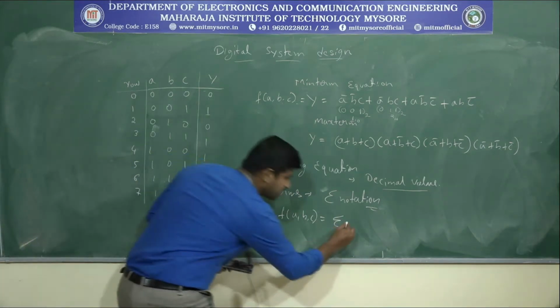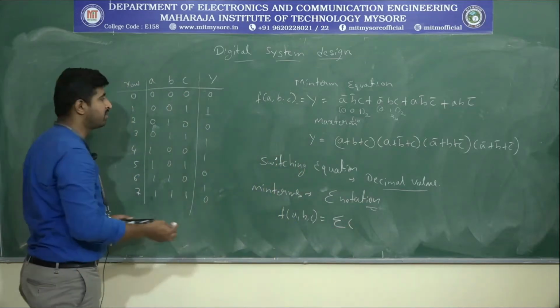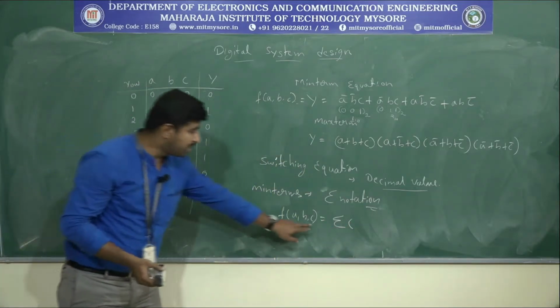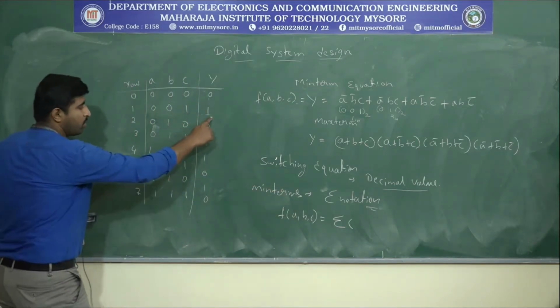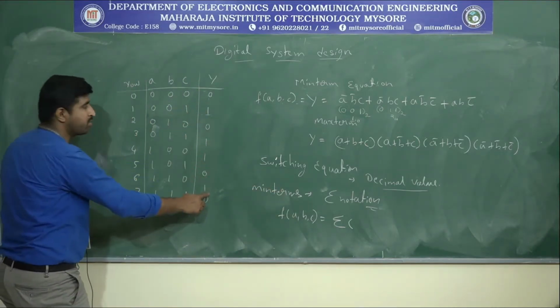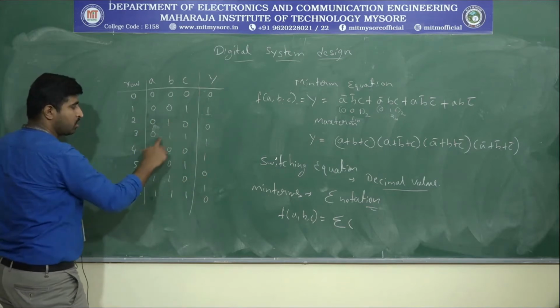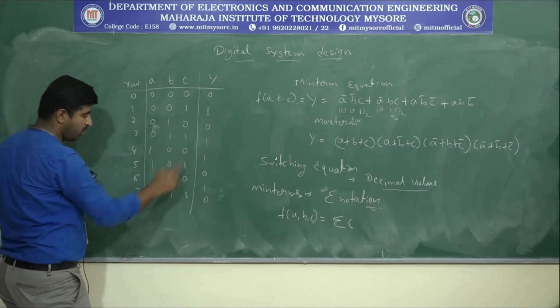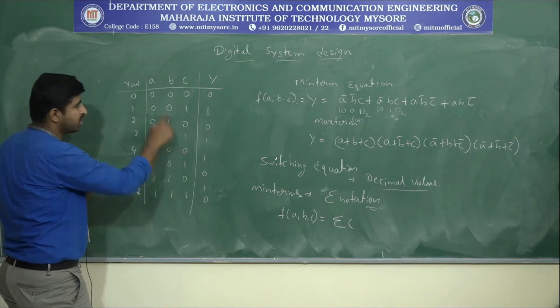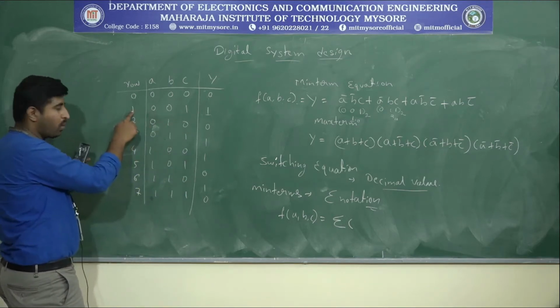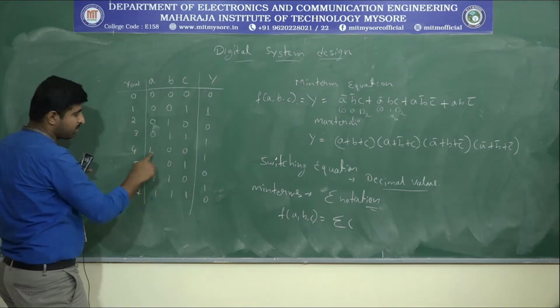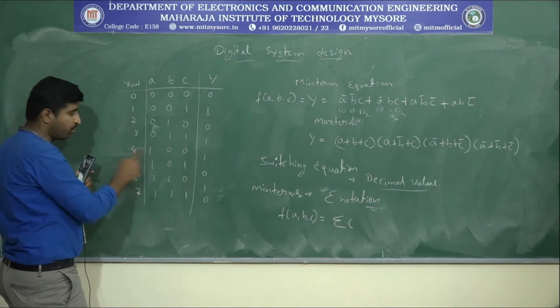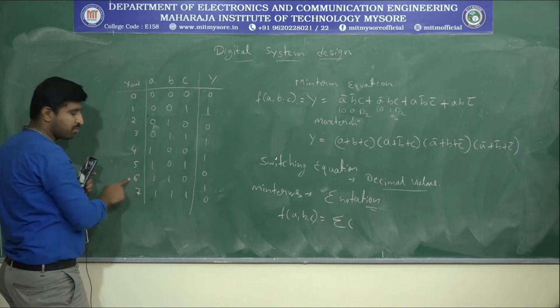So that is the summation of all the values where the output is 1, which correspond to the min terms. Which are they? 0 0 1 corresponds to 1, next 0 1 1 corresponds to 3, next 1 0 0 corresponds to 4, and 1 1 0 corresponds to 6.